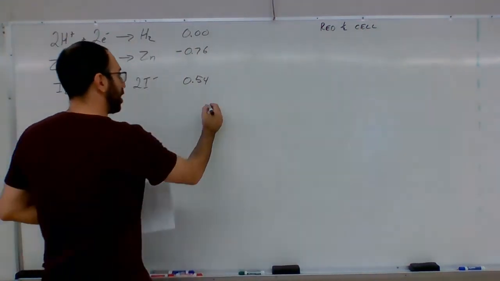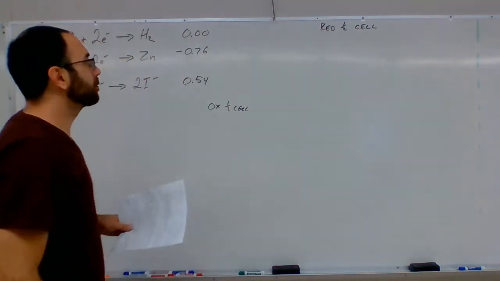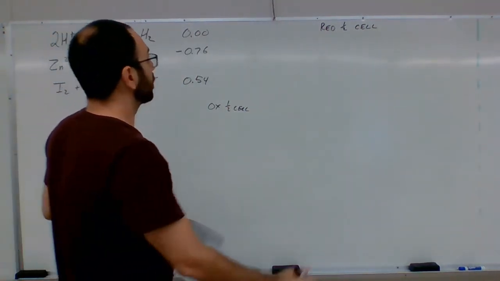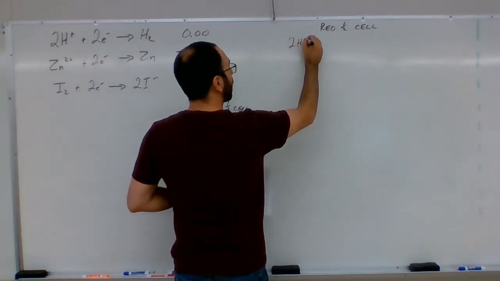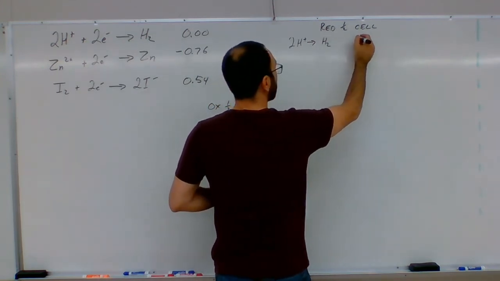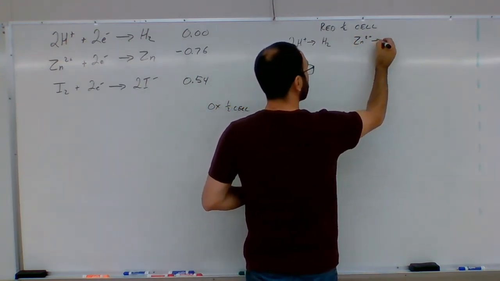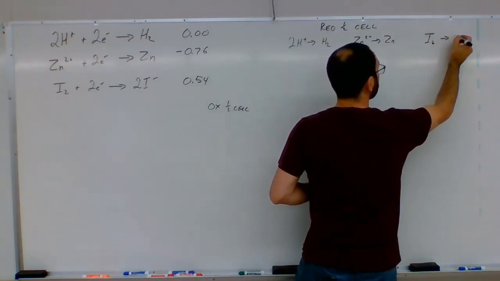Looking at this top one, I have 2H+ going to H2. I can have my Zn2+ going to zinc, and I have my I2 going to 2I-. Those are my three reductions as written over here.